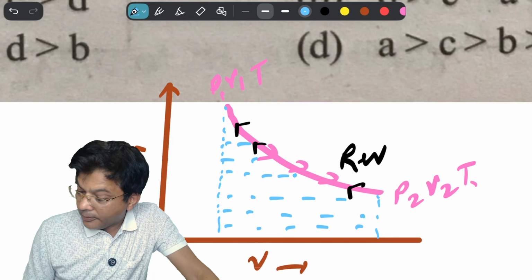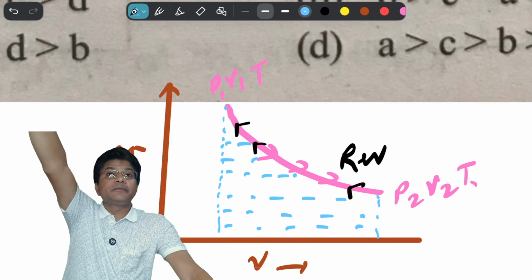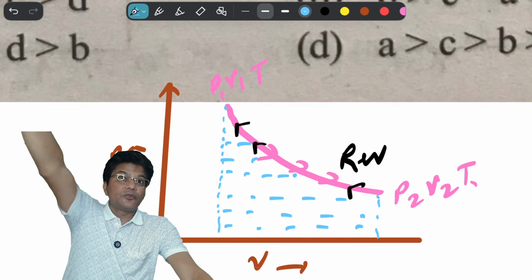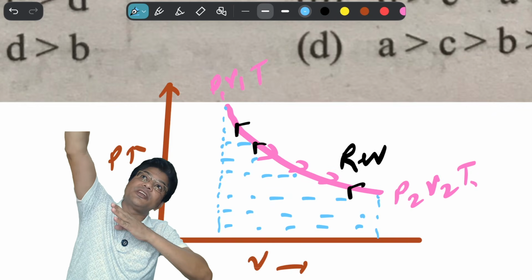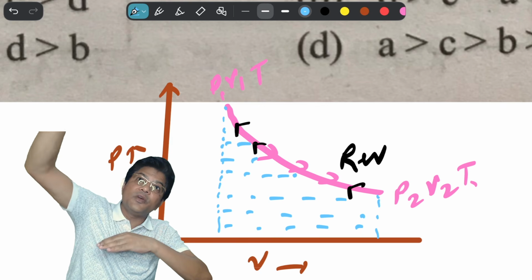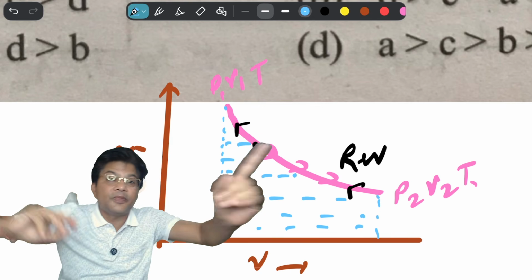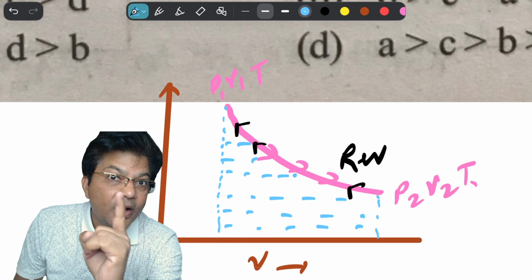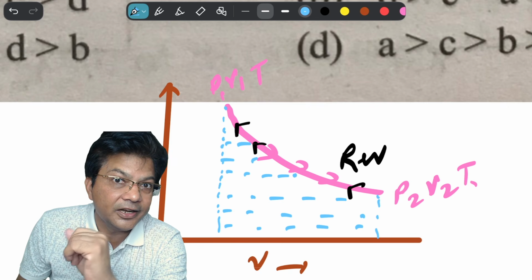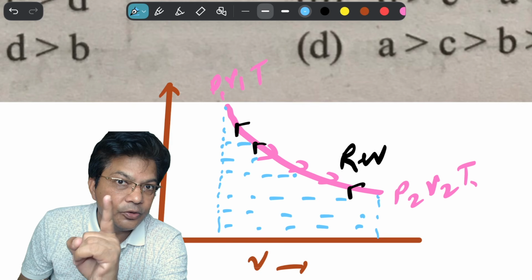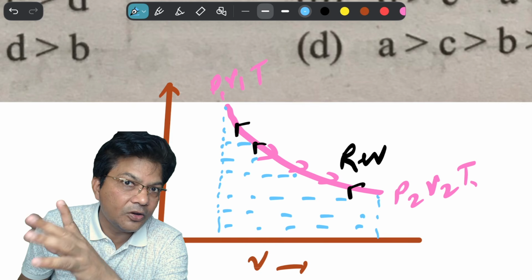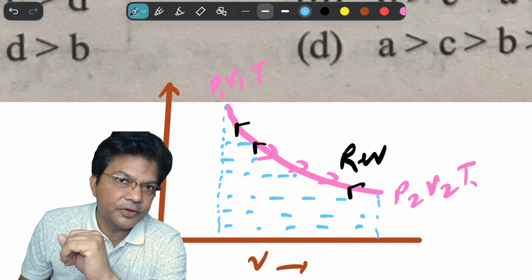Now if I talk about expansion in one step, once expansion is taking place speedily, that means external pressure is very less, so there will be a drop. The formula will be applicable. Work done is equal to minus P external delta V. In reversible it is W is equal to minus 2.303 nRT log base 10 V2 upon V1, right?